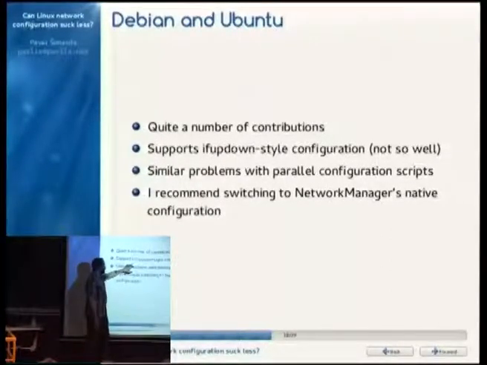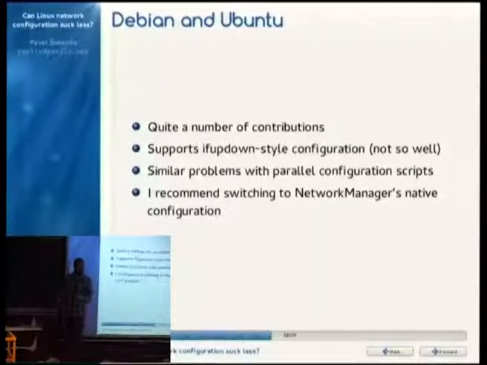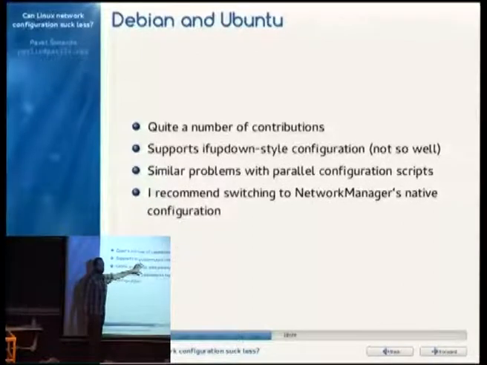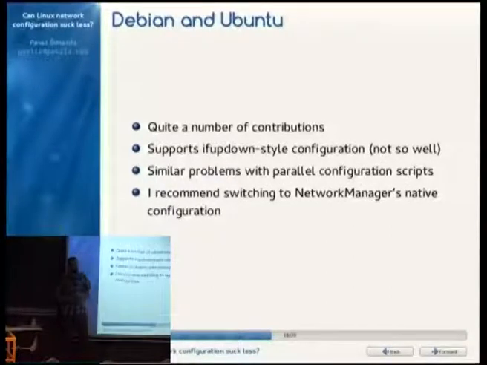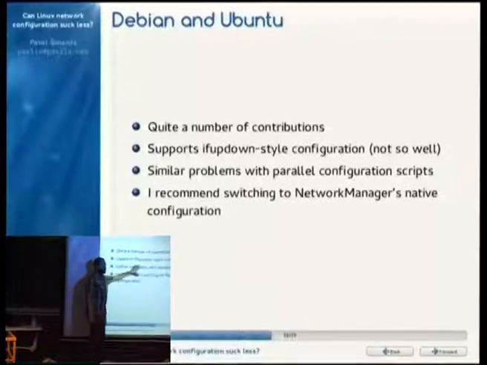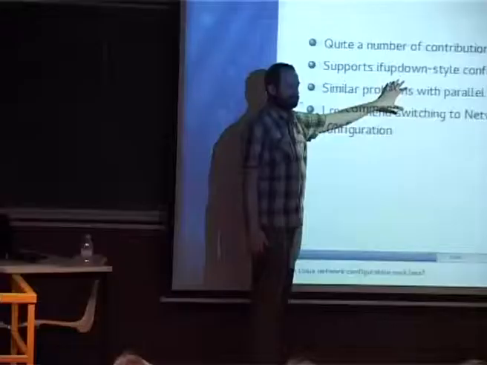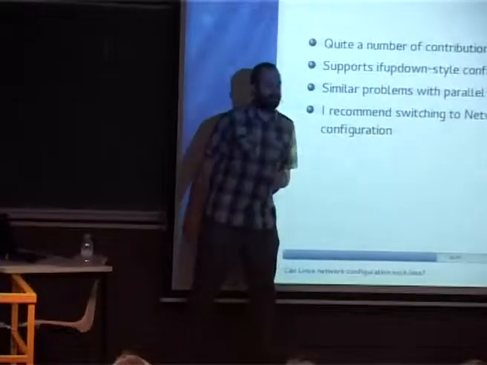So currently, with if up-down, I think the Network Manager team itself will not fix the worse issues or the more complicated ones. If anyone comes and helps us, it's possible, but actually the Debian system is so flexible that I'm not sure if we can properly support it at all.